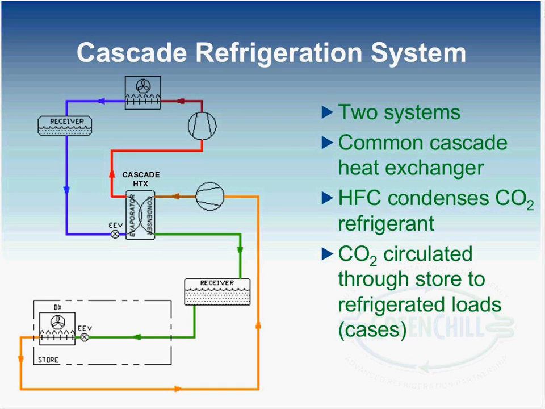And lower right, you'll see an example of the CO2 portion, which looks very similar to the top cycle as well. To help give a better understanding of how the system works, I'm going to separate these two portions, the top part and the bottom part, at the cascade heat exchanger and explain each individually so you can understand how they work together.